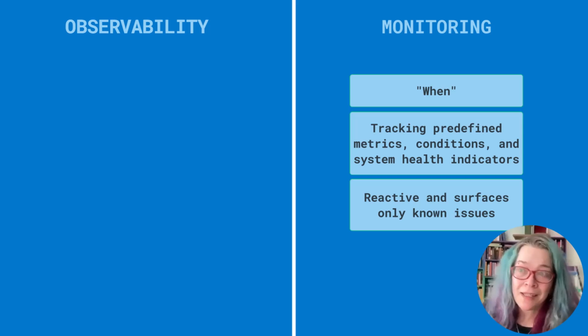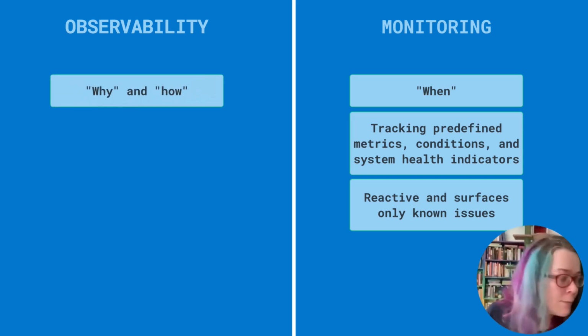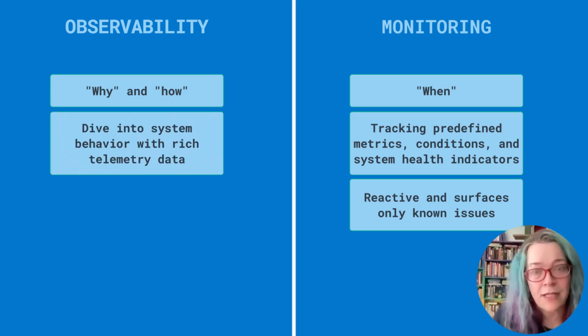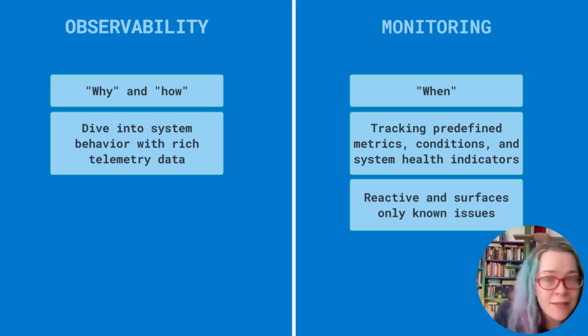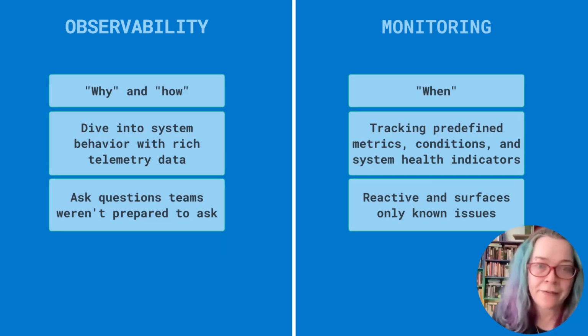Observability, on the other hand, is much more about the why and the how. Observability gives you the ability to dive much deeper into rich telemetry data, logs, traces, metrics, relational data, to understand system behavior at a far more granular level. It allows teams to ask questions that they weren't prepared to ask, that they didn't expect to have.